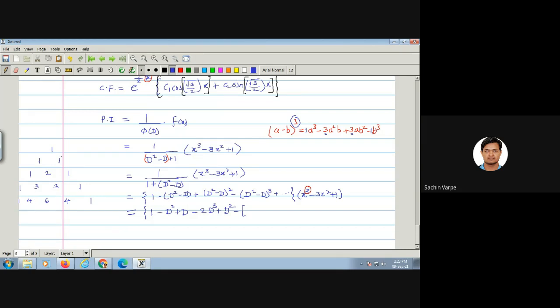Okay. So what are these? These are the coefficients in the expansion. This is the coefficient in the expansion of power equal to 0, a plus b raised to 0. This is the coefficient in the expansion of power 1. These are the coefficients in the expansion of power 2. You can check. These are the coefficients in the expansion of power 3, or degree 3.